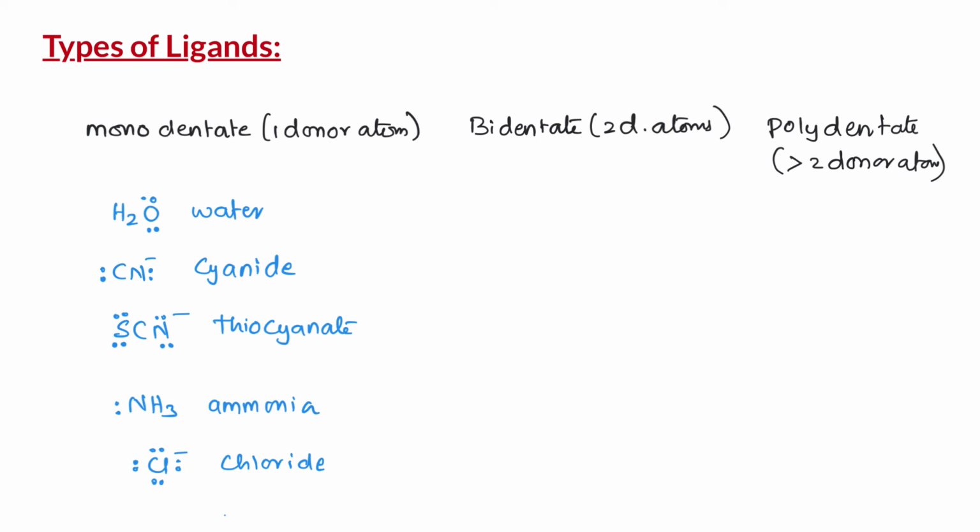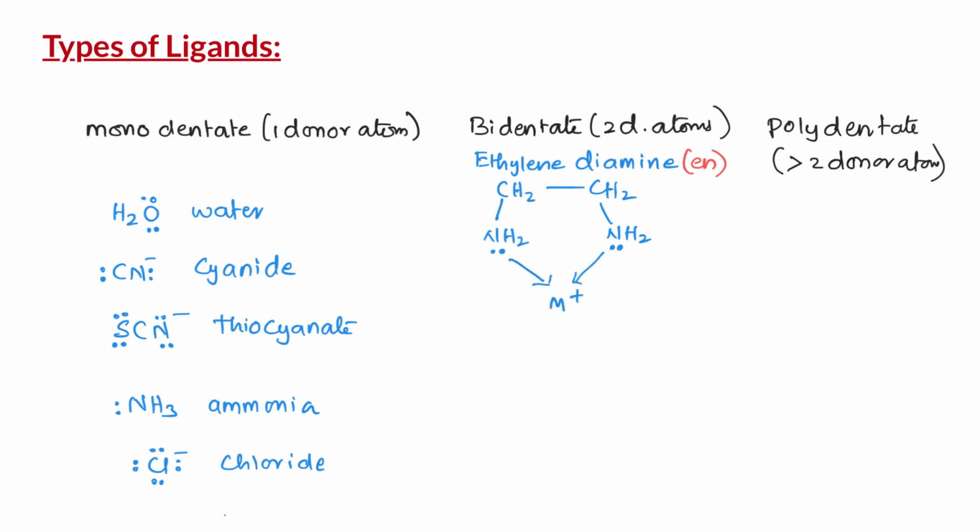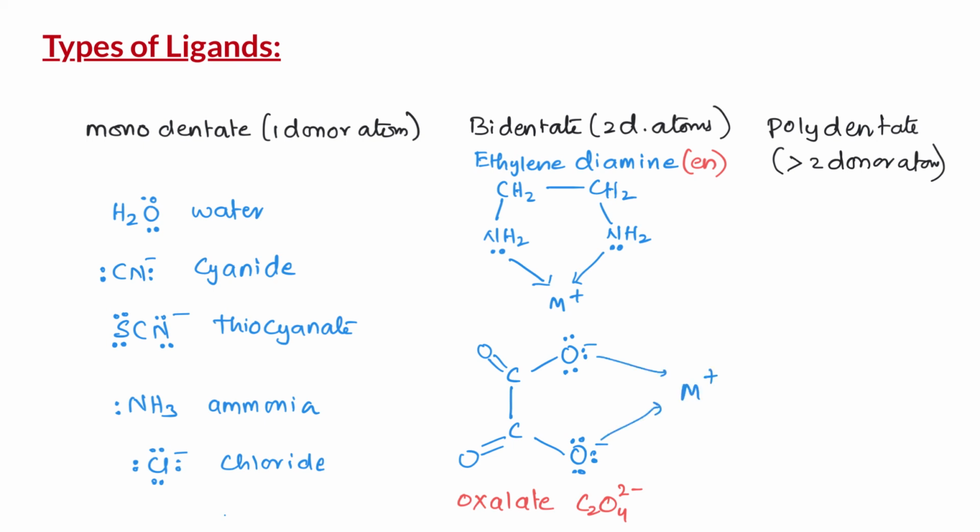Next, let us look at some examples of bidentate ligands. Ethylene diamine: we have two nitrogens, both of them have a non-bonding electron pair that can be donated to a metal ion. Next, the oxalate ion. Both of the oxygens have lone pairs which can be donated to the central metal ion.